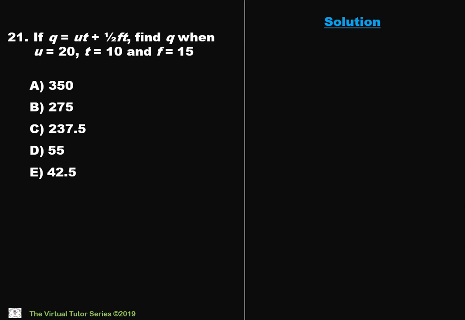We have been given the equation K is equal to UT plus 1 over 2 FT. Now, we are given U to be 20, T to be 10, and F to be 15. Let's substitute the numbers into the equation and solve for K.